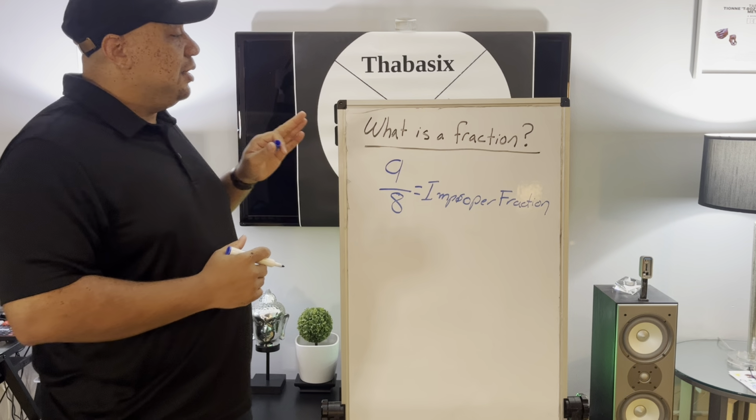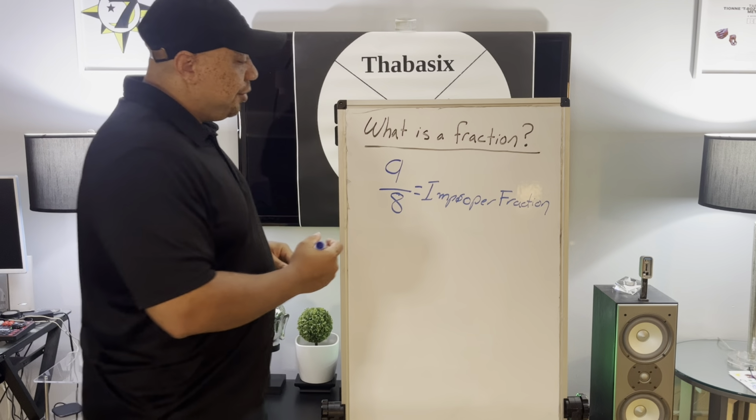Okay, so that means it's always greater. An improper fraction is always greater than 1 because the numerator is greater than the denominator. Remember, proper is less than. Improper is more than. All right, so that means I ate more than one pizza.